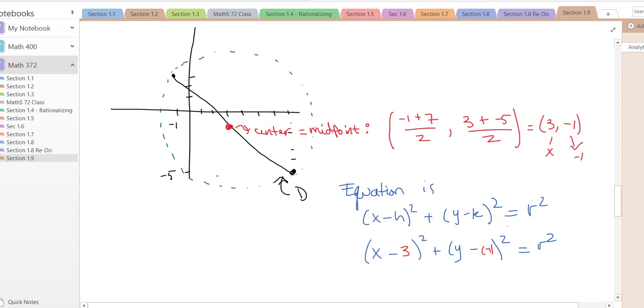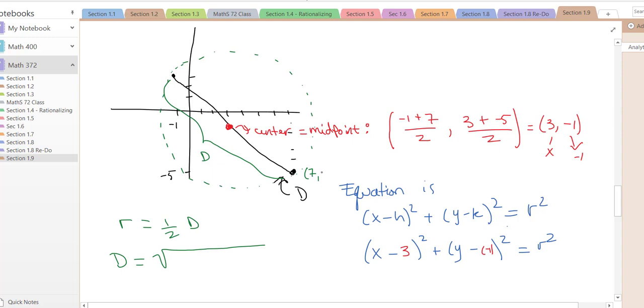So r squared is, well, r is half the diameter, the length of the diameter. So let's find the diameter. The diameter is the length of this line segment. That's the diameter. So we're going to use the distance formula. So it's going to be the square root of, and let's remind ourselves, what were the points?